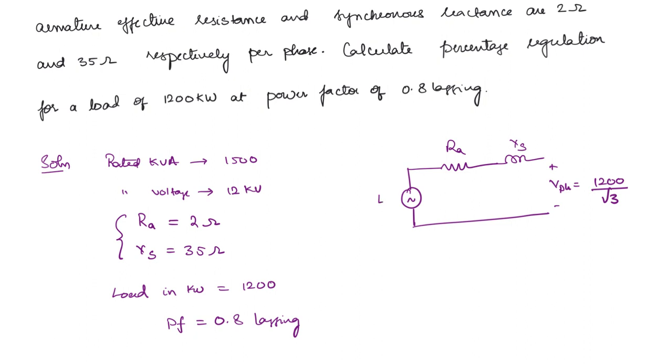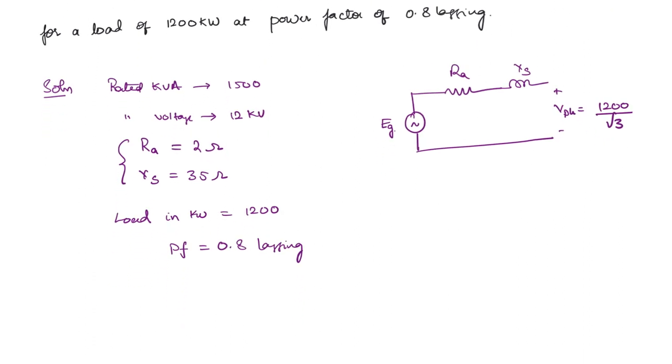Now if we want to find out the generated voltage, then we need another value, which is the load current. So that we can get from this value here. 1200 kilowatt is the given load. So this is the 3-phase load once again. So you're going to write 3-phase load in kilowatt is given as 1200.